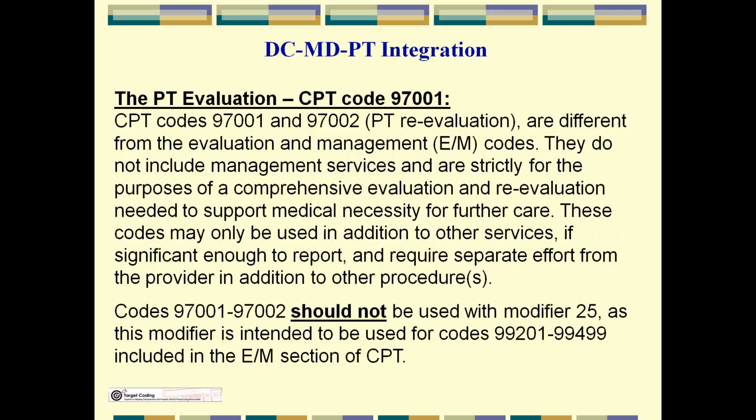They're different than E&M codes. E&M codes can be billed by chiros and MDs and DOs and NPs and PAs, but not by PTs. PTs cannot bill E&M codes. PTs can only bill PT evaluation and reevaluation codes. That's the 97001 and 97002.